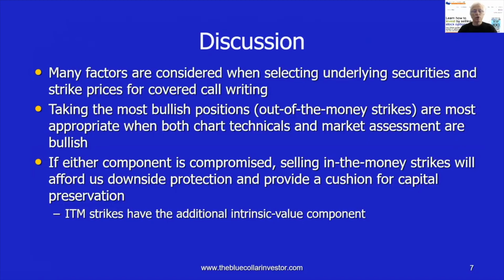We had a bullish chart and we had a very negative overall market assessment. So if either component is compromised, as it is in this particular case, we might lean towards selling in the money strikes, or a certain substantial percentage of our strikes being in the money to provide that cushion for capital preservation. Because remember now, in the money strikes have the intrinsic value component, which gives us greater protection to the downside.